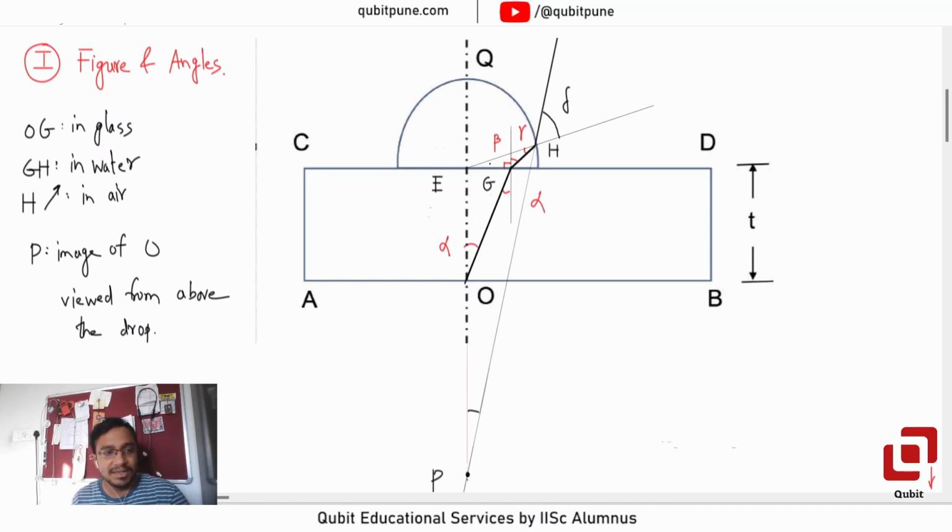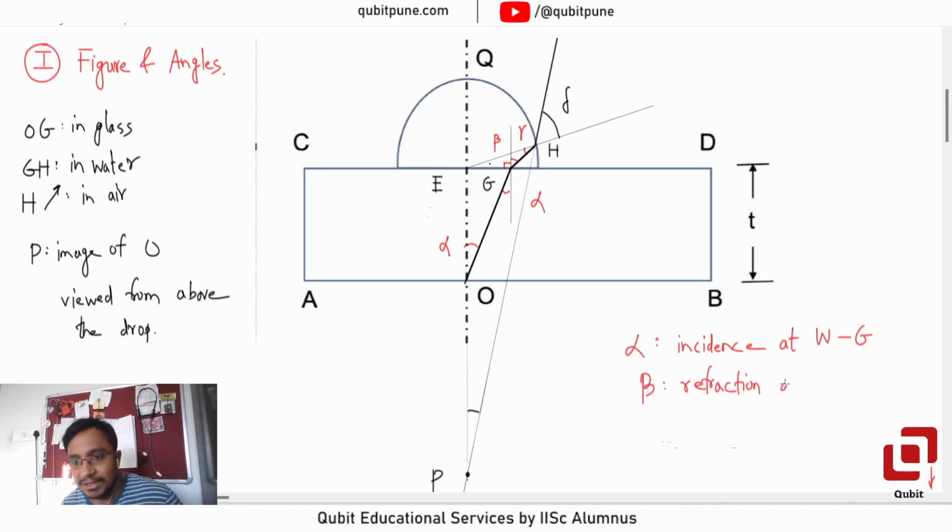Now let us consider the angles. Alpha is the angle of incidence at the water glass interface. Then beta is the angle of refraction at the water glass interface.